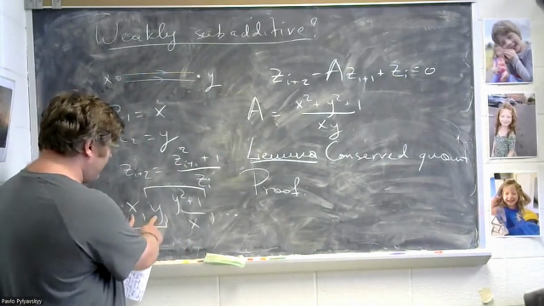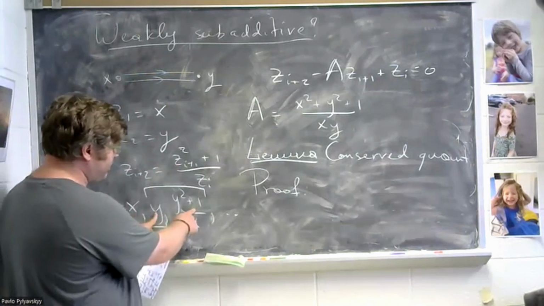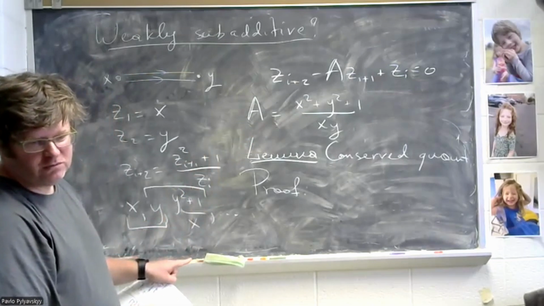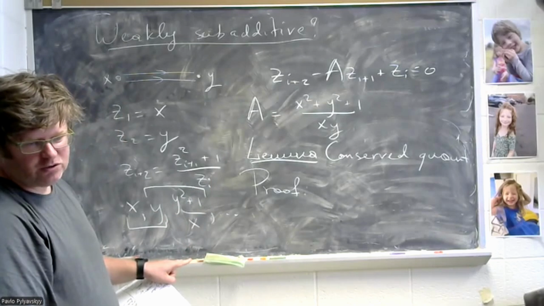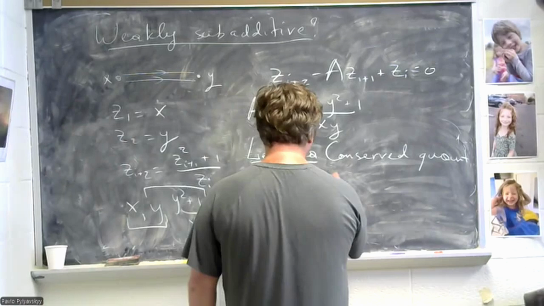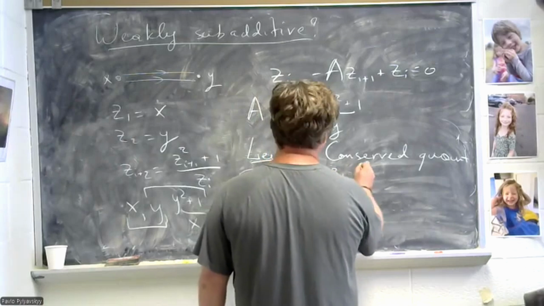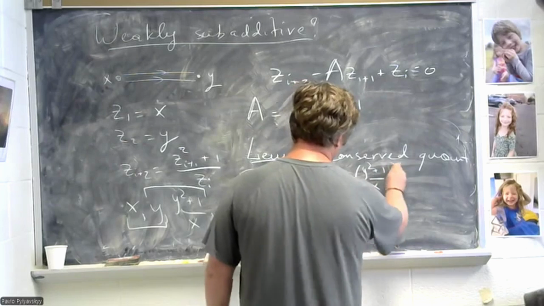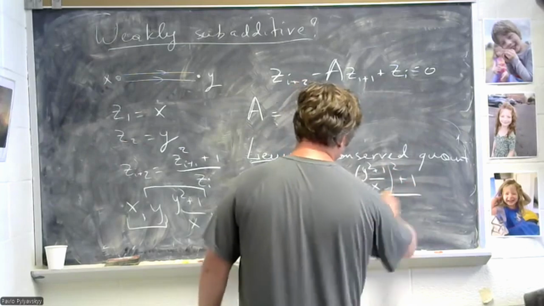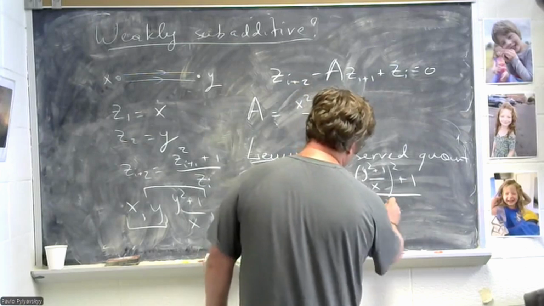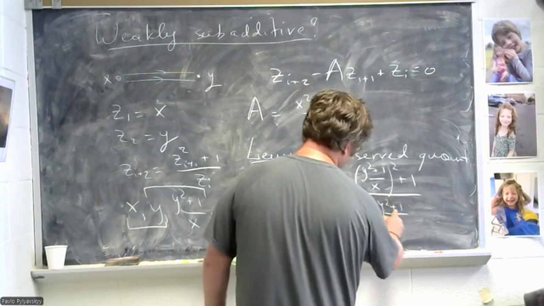Instead of x and y, I will now plug in y and whatever this is, and I will check that this didn't change. Okay, so that's my first step. That's what I want to do. So y squared plus 1 divided by x squared plus 1 divided by y times y squared plus 1 divided by x.